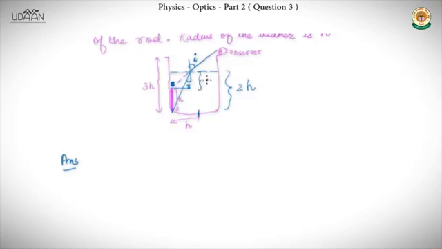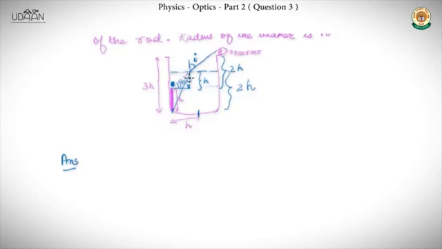So this height must be h. And since the observer could see the top of the rod, and since this length is 2h and this length in total is 3h, so this should also be 2h. So this angle is 45 degree. We got that this angle is 45 degree.